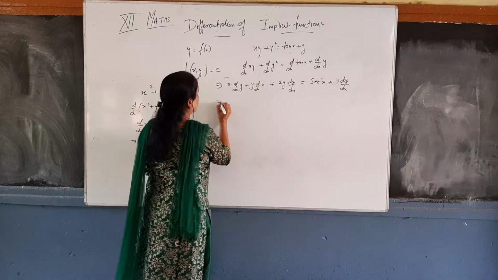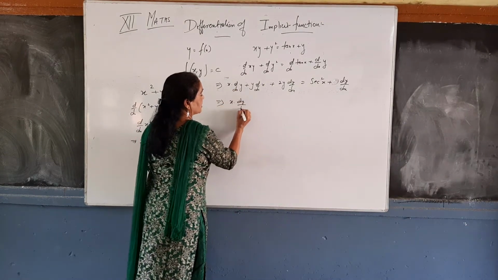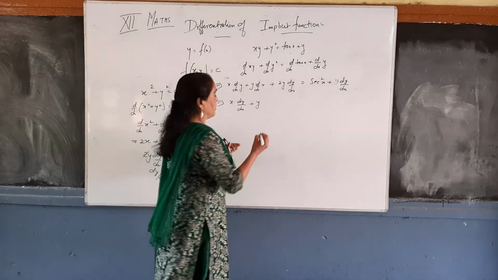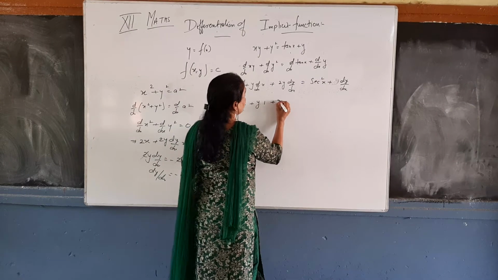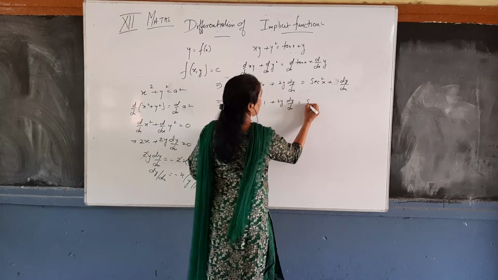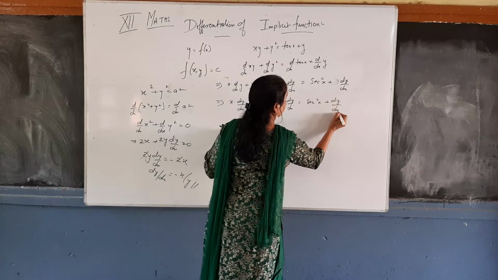Now x into d by dx of y will be dy by dx, plus y into d by dx of x will be 1, plus 2y dy by dx is equal to sec square x plus dy by dx. So we have differentiated here.